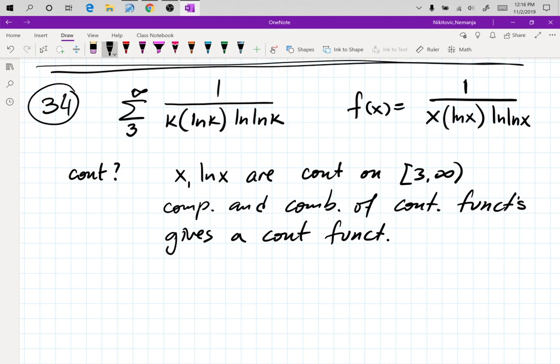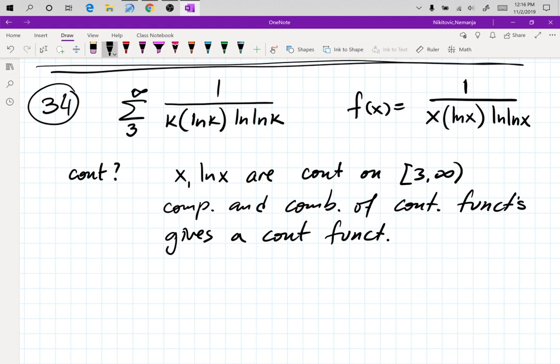Ln x is continuous, and if you nest ln x inside itself, well, both ln x's there are continuous, so it produces a continuous function. The word combination is addition, subtraction, multiplication, division, all of that stuff. And since x is continuous, ln x is continuous, and the composition over there is continuous, you have three continuous functions combined by multiplication. The entire denominator is continuous.